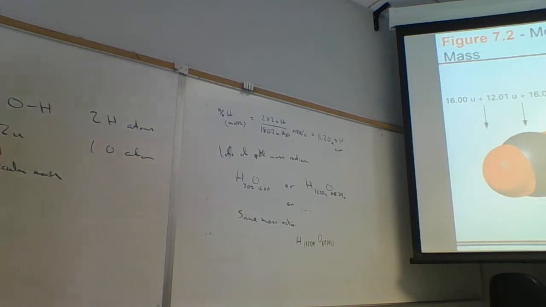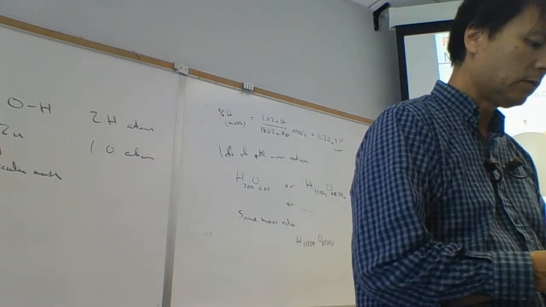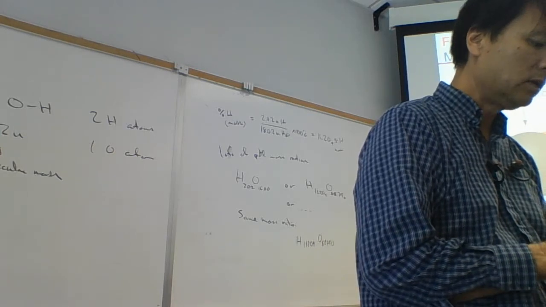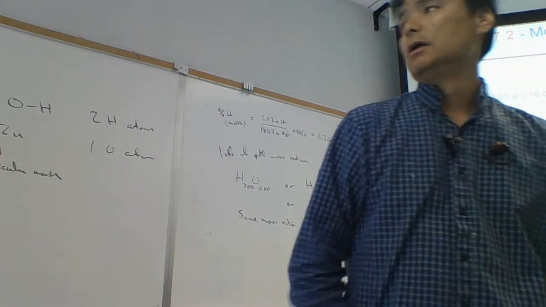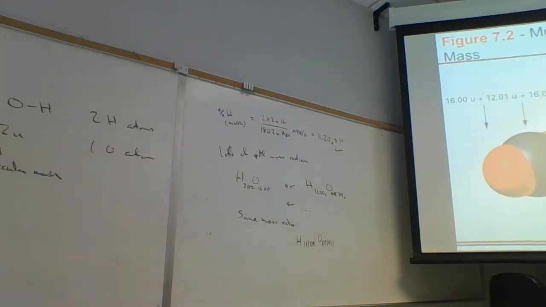And so this is how I figured it out here, how many molecules of water I had, because I knew about how much this is. If we have 18.02 U average molecular mass, then this is for a single individual molecule.